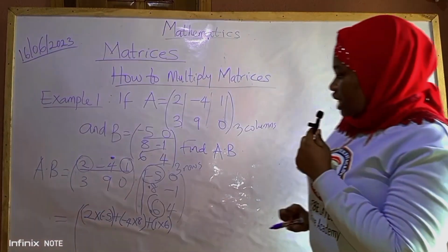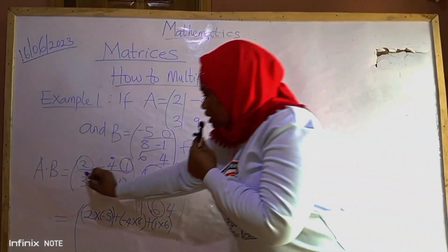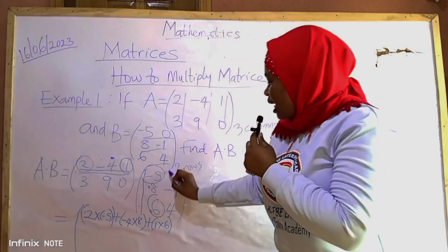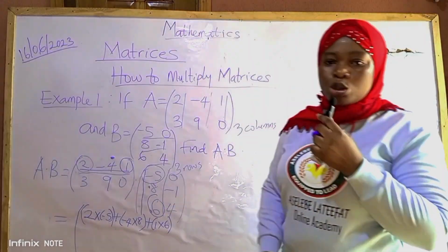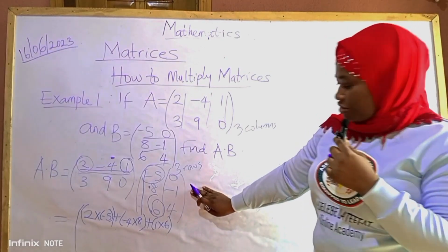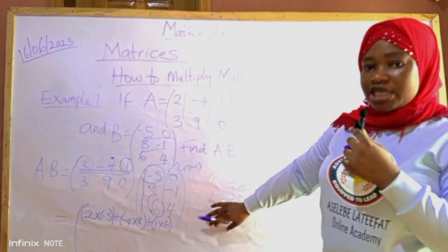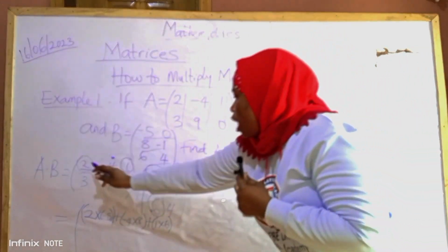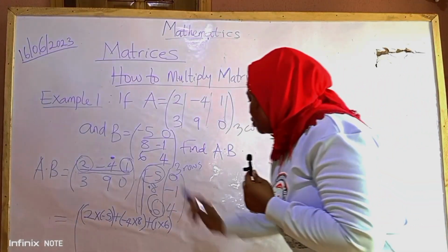What I'm doing next is taking the same row and multiplying it by the second column of the second matrix. That will be the second element of this one. So I'll multiply 2 by 0 first.